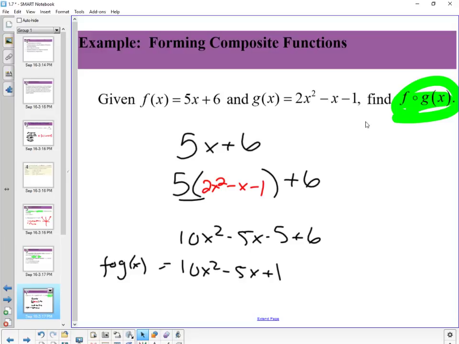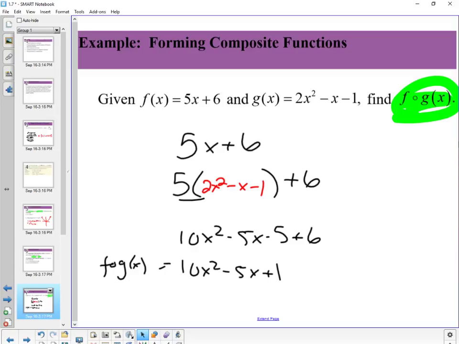Alright, anyways. Questions on this? Composition of functions? Since I found f of g, would g of f be the same thing? No. It's not the commutative property, because whenever you do that, you'd be putting the 5x plus 6 into where the x's are in the g of x.